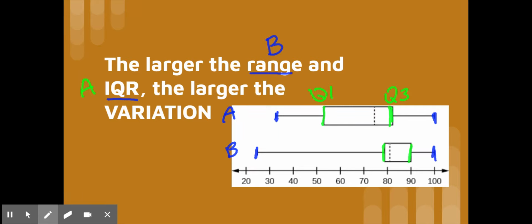And that's why our IQR variation would be larger for the first one. So you do have to be careful. Is it asking for variation for your range or your IQR?